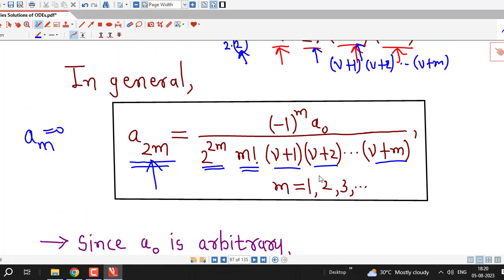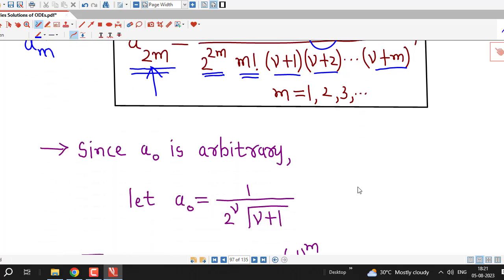And here A0 is arbitrary, A0 is our choice, therefore they have taken A0 equal to 1 over 2 raised to nu into gamma nu plus 1. If you recall the definition of gamma function, then we know that gamma n is the integral from 0 to infinity of e raised to minus x, x raised to n minus 1 dx, where n is greater than 0.